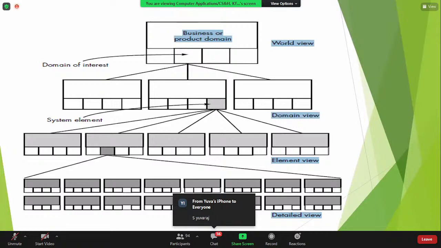And from that element, what sort of things have been done is given in the fourth view, which we call the detailed view. Each and everything will be clear for the technical person to understand what is happening and what has to be done. These views are not needed to be given to the client. Only the person working on the engineering will categorize all these things.